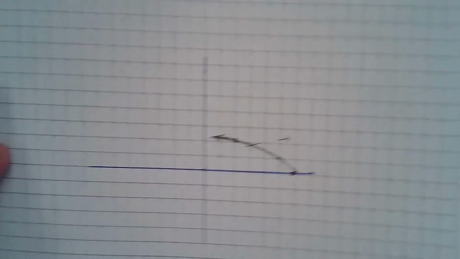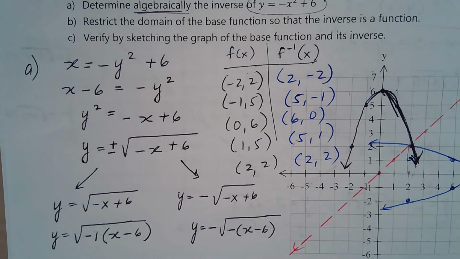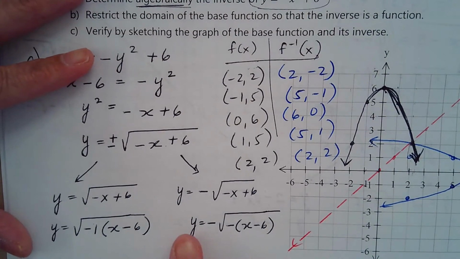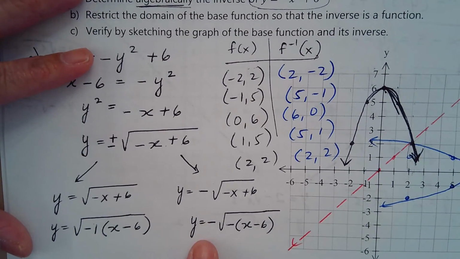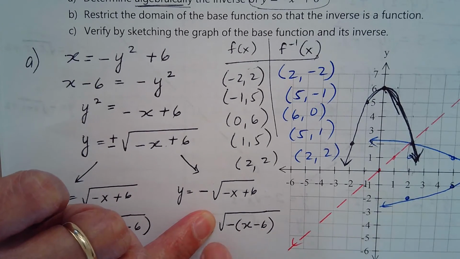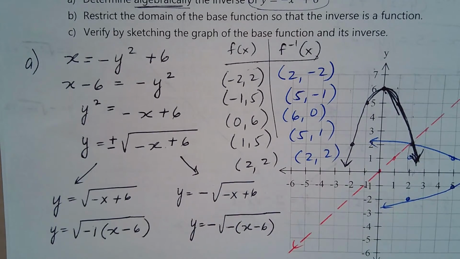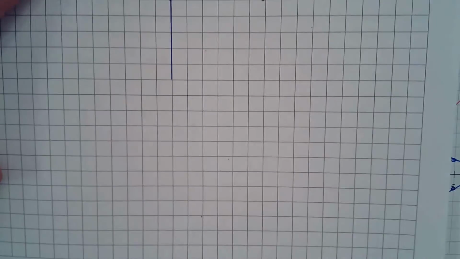Now, what about the other one? Because that's just one part of the inverse. The other part of the inverse is y equals negative square root of negative x minus 6. So everything is the same in here, right? But then there is a negative in the front, so that means the a value is negative. It's a reflection onto the x-axis.